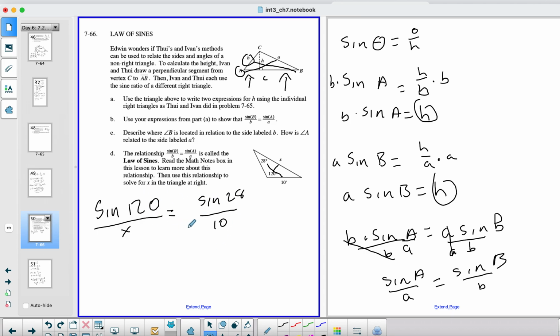Okay, so how do I clean this up? We can cross multiply. 10 times the sine of 120 equals x times the sine of 28. Get x by itself, divide by the sine of 28.